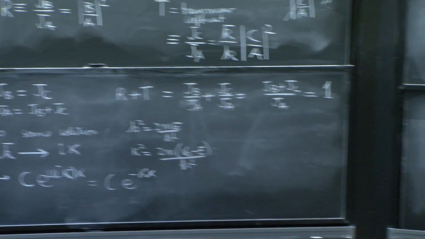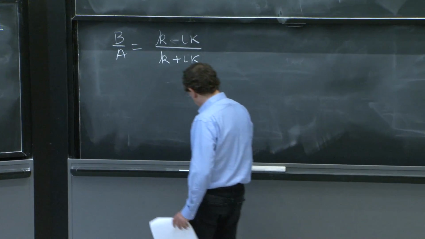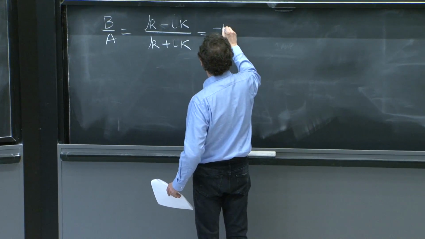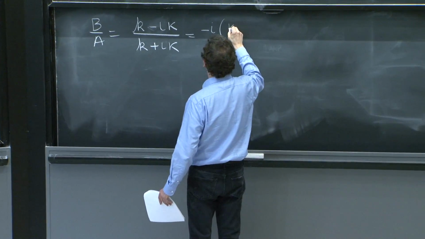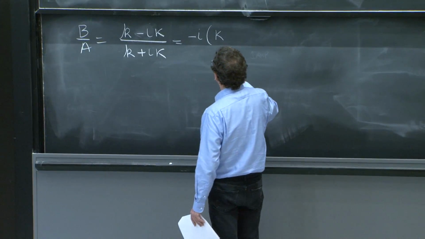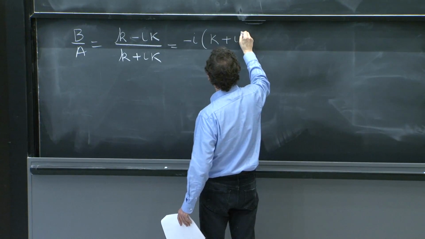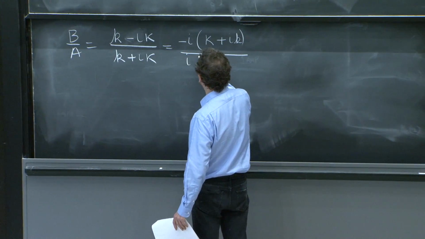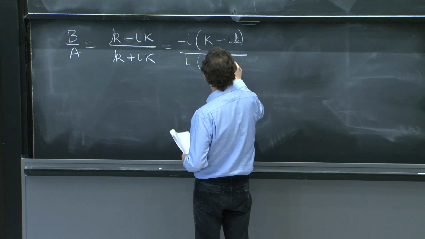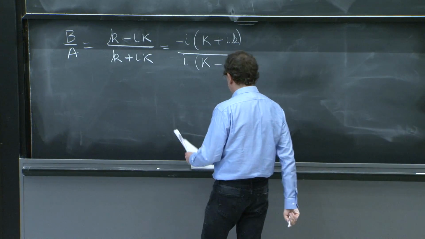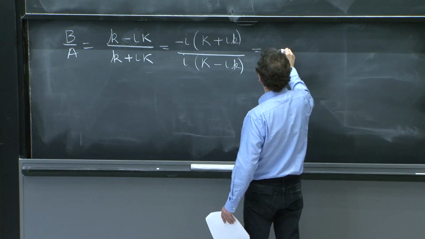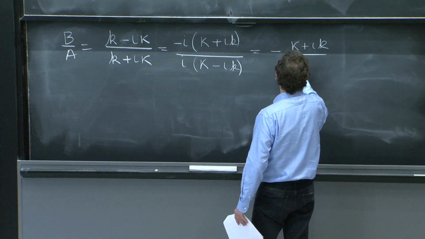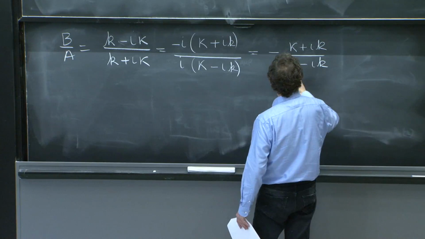It's kind of interesting. Well, let's make it clearer by factoring a minus i here. So this becomes kappa, and you need plus k, so this must be plus ik over i. This would be kappa minus ik. So this is just minus kappa plus ik over kappa minus ik.